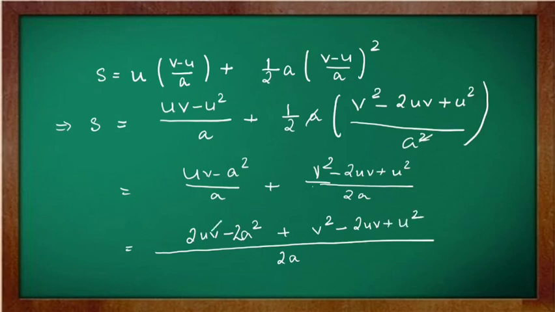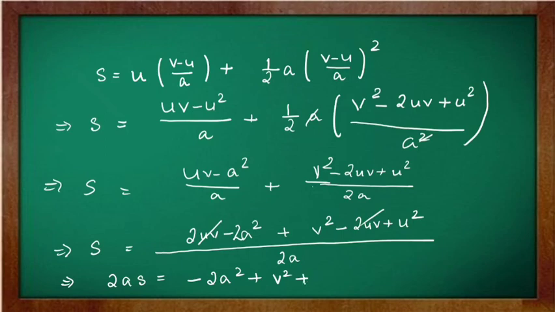So this 2uv and this 2uv will cancel out because they are of opposite sign. One is positive, another one is negative. So now next step, let us do the cross multiplication. This s will be multiplied by the a. So you will get 2as is equal to minus 2u square plus v square plus u square. You will be getting this one.